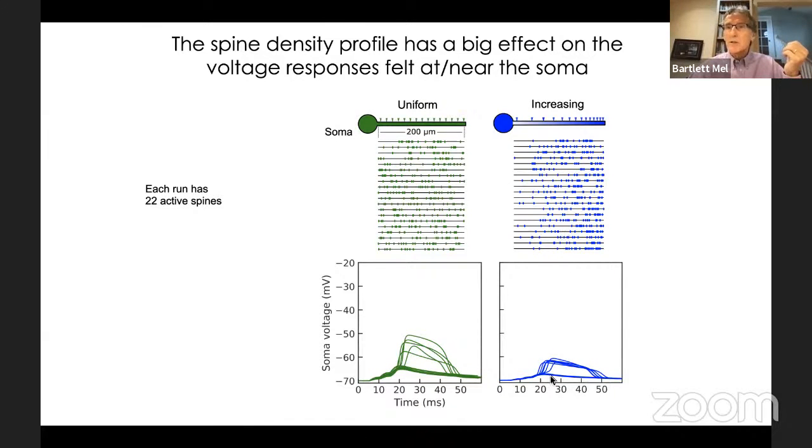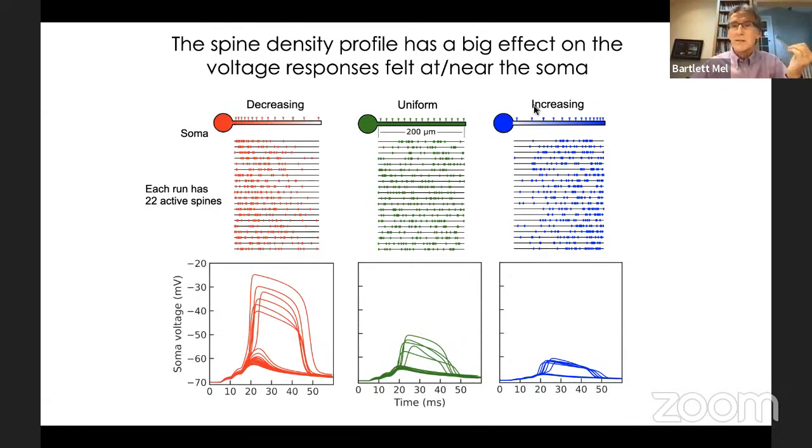Now, the responses that are generated, these are all, by the way, at the cell body, are a similar pattern here, but they're smaller. They're lower in amplitude. These were going up like 20 millivolts from rest, and these are going up more like 10 millivolts from rest. Why? Because most of the synaptic activity is biased towards the end of the dendrite, and so there's a greater amount of attenuation of the signal coming back towards the cell body. But nonetheless, a similar pattern.